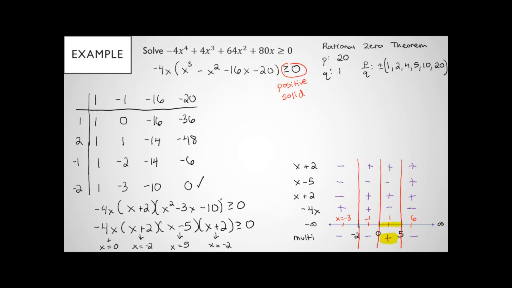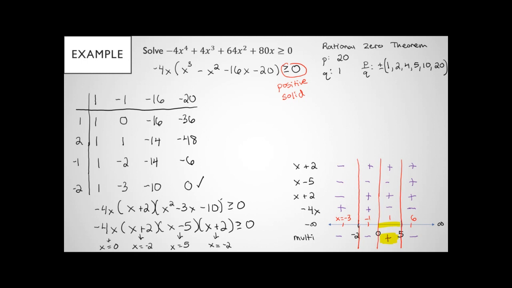So we have our only answer is between, oops, somehow that got deleted and I was doing weird stuff. So let me try that highlight again. We want the numbers between 0 and 5 as our final answer.